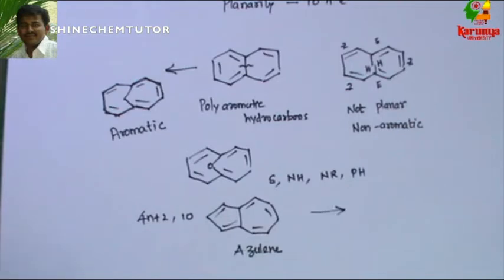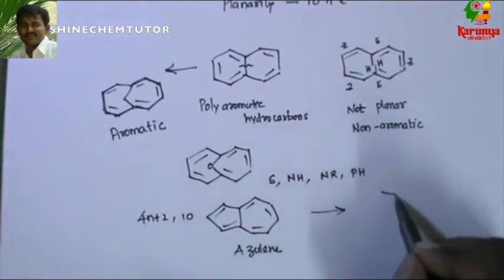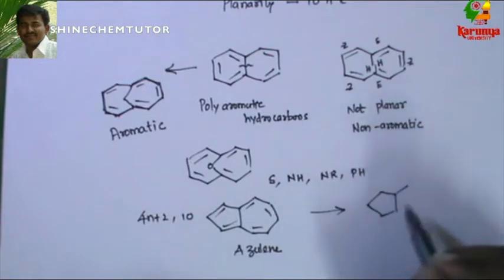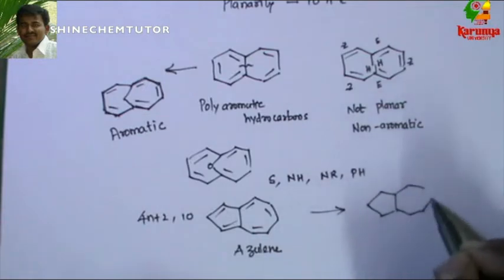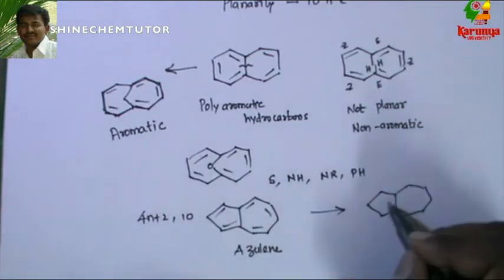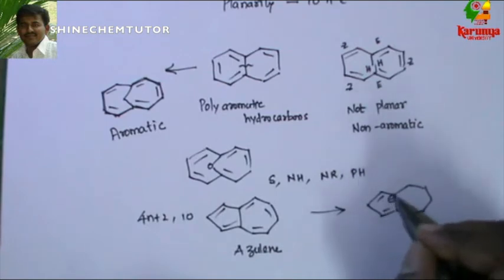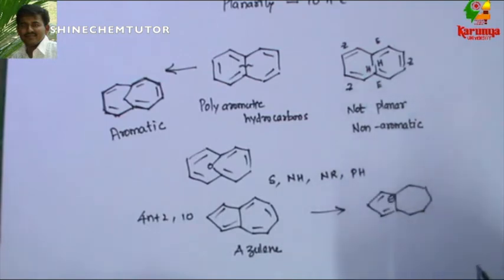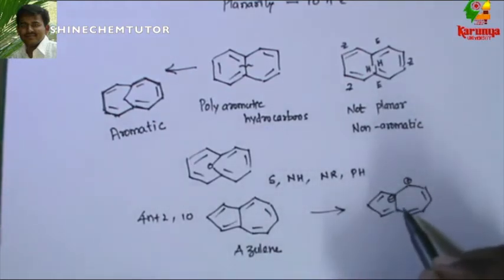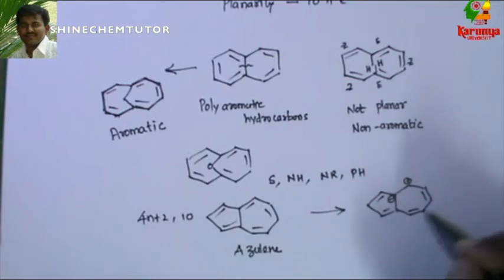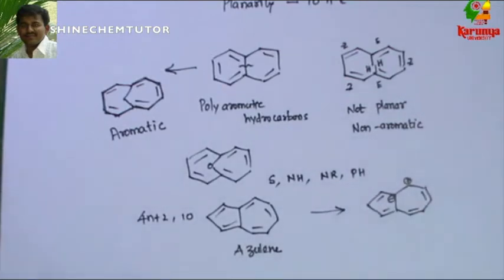This can be easily explained based on this structure. If you see this, you can find tropylium cation and cyclopentadienyl anion. Both are aromatic in nature.